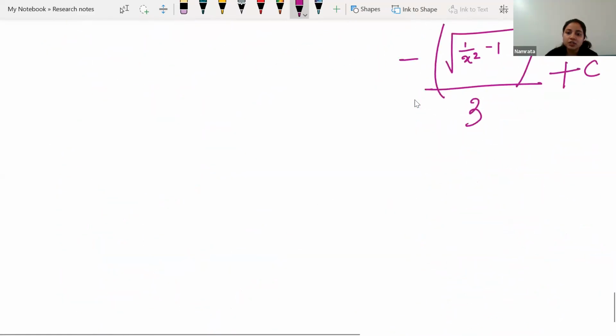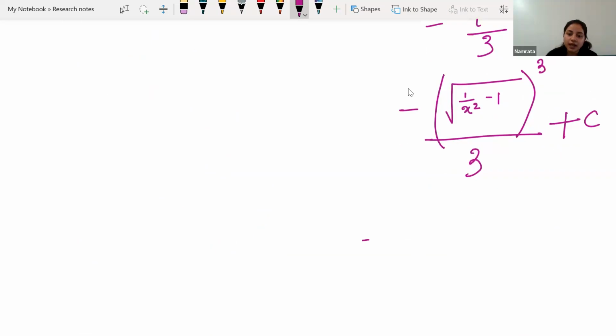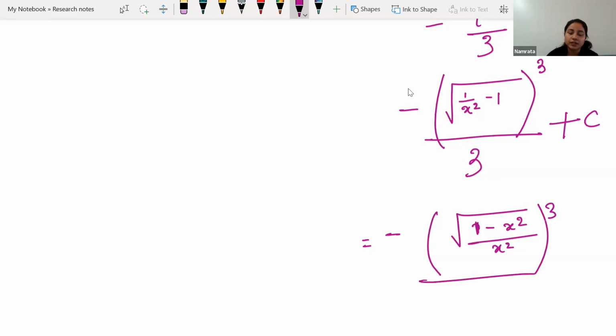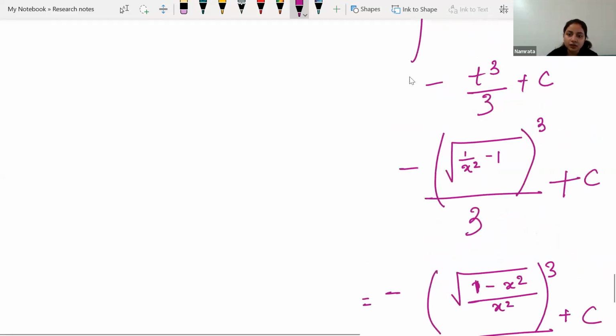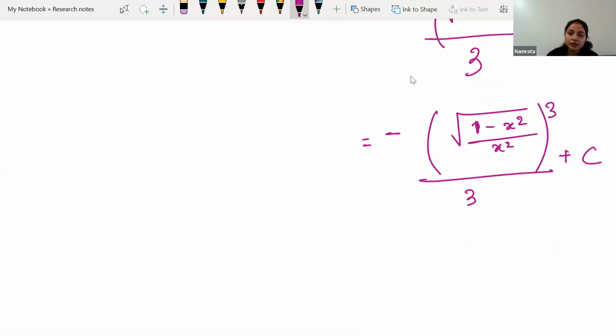Outside A(x) is also there. Let's try to make it like that only. Here we can write it as under root 1 minus x square over x square, and power 3 is already there, over 3 plus c.